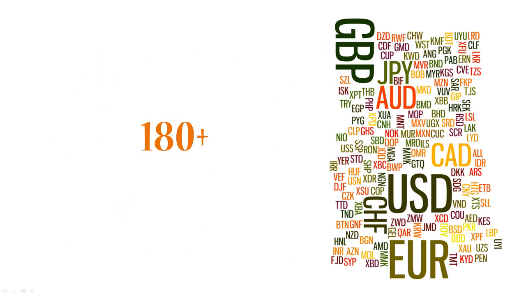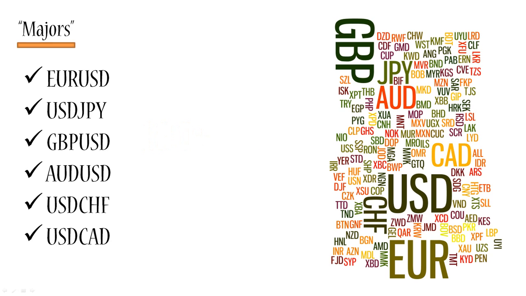There are over 180 currencies in the world, and you can combine any two of them to give you a currency pair. Most traders identify two main groups of currency pairs, and these are the majors: the euro-US dollar, the dollar yen, the British pound dollar, the Australian dollar American dollar, the dollar Swiss franc, and the dollar Canadian dollar.